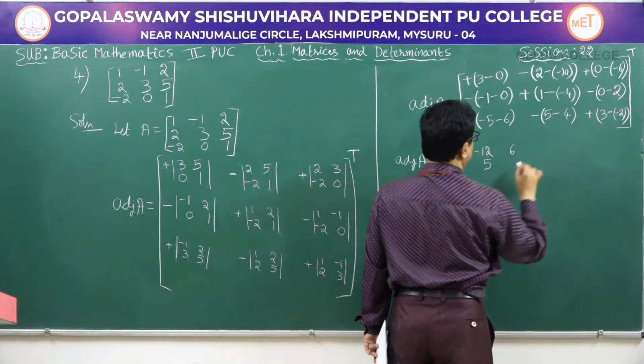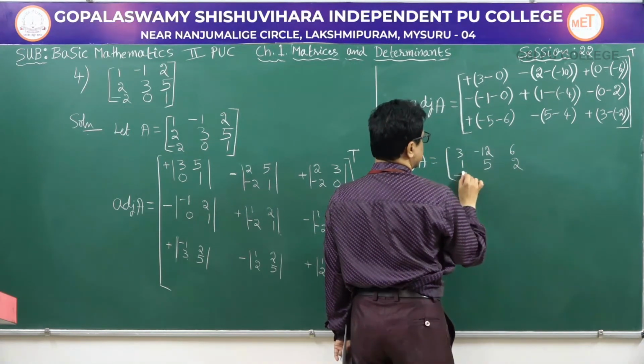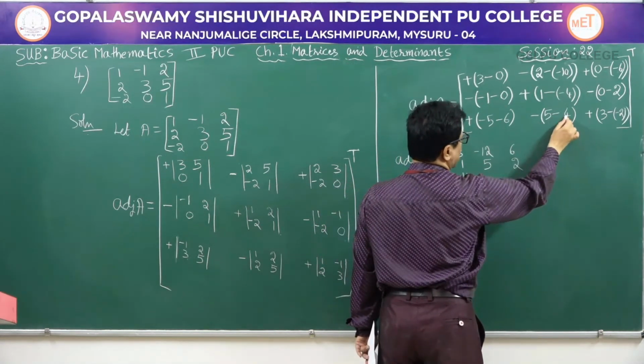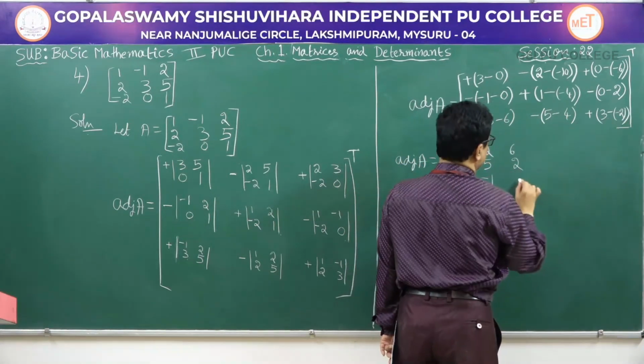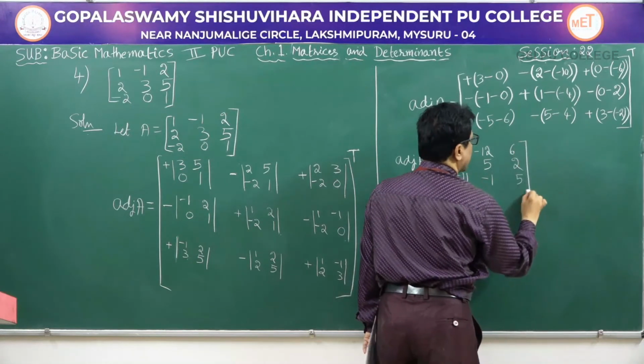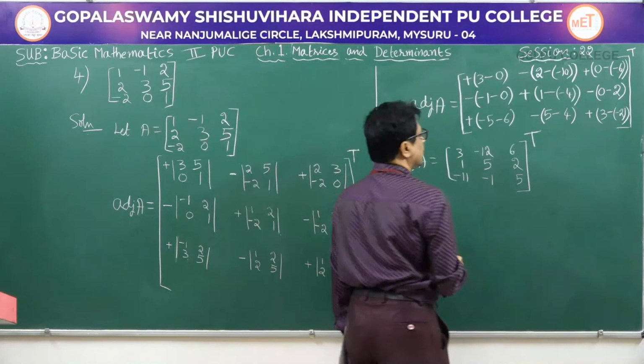So minus into minus plus, it is 2 minus 5 minus 6 is minus 11. 5 minus 4, 1, it is minus 1. 3 plus 2, 5, and you have to take transpose, you have to put T.